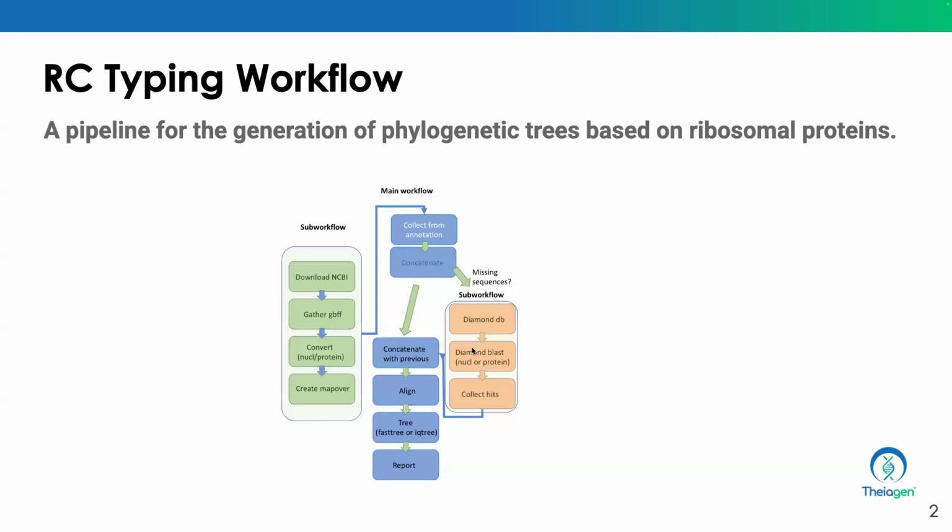And this can happen, for example, if your annotation couldn't identify the particular ribosomal protein. And if that works out, then the sequence is concatenated to the previously concatenated sequences that were missing some of those proteins.